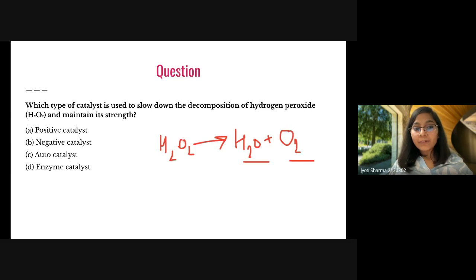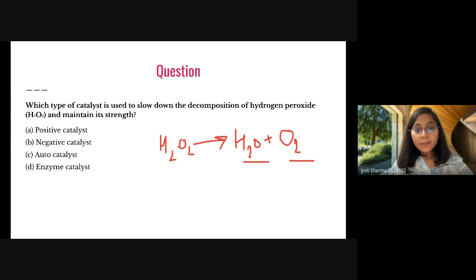If we have the negative catalyst, then whatever rate we had to change hydrogen peroxide to water and oxygen, the rate will be slowed down by the negative catalyst. So positive catalyst is increasing the rate, negative catalyst is decreasing the rate of the reaction.